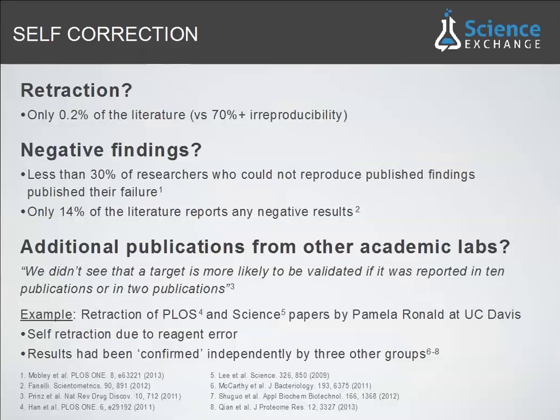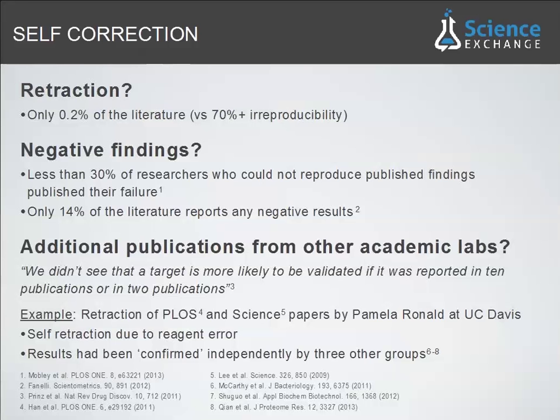In addition, there is little evidence that additional publications from other academic labs are able to identify reproducible results. From the Bayer publication, they stated that we didn't see that a target is more likely to be validated if it was reported in 10 publications or in 2 publications.